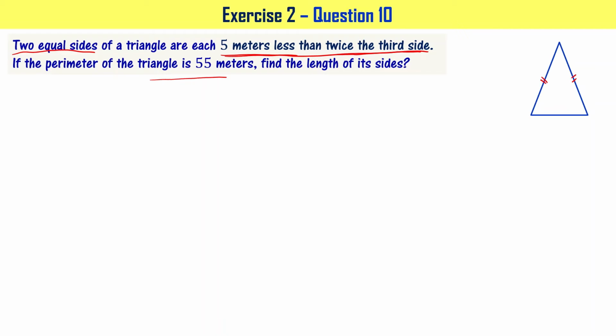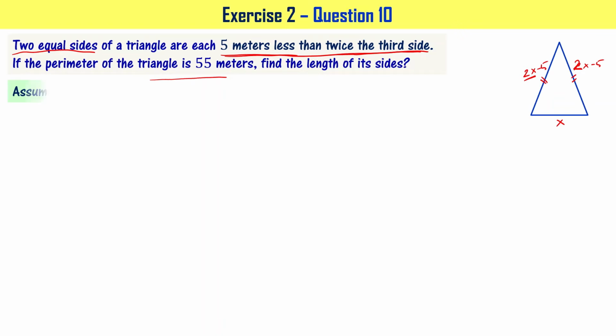Now let me assume that third side is x, then this side is going to be 2x minus 5, because 5 meters less than twice the third side. Twice the third side is 2x, 5 meters less, that's why it is 2x minus 5. This side is also 2x minus 5.